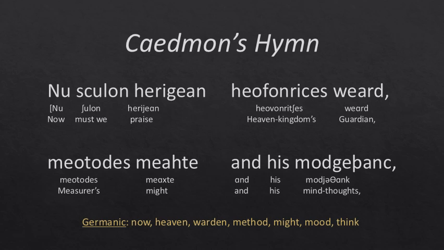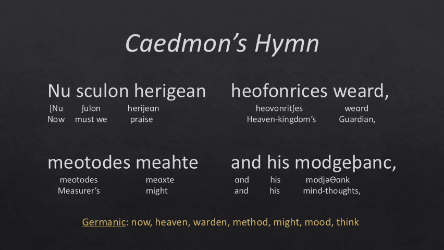Weard, I translated it guardian, but you see the word warden in it. So I would grab warden as the word which is modern English going back to Anglo-Saxon. Weard changes a little bit, means one who guards, comes to us as warden. Meotode, I've given you measurer, but if you listen to the word itself, you hear method.